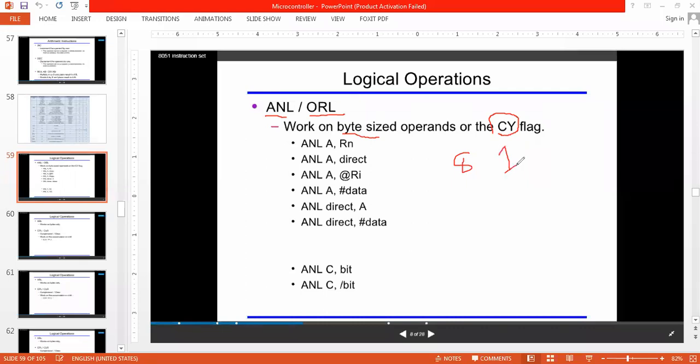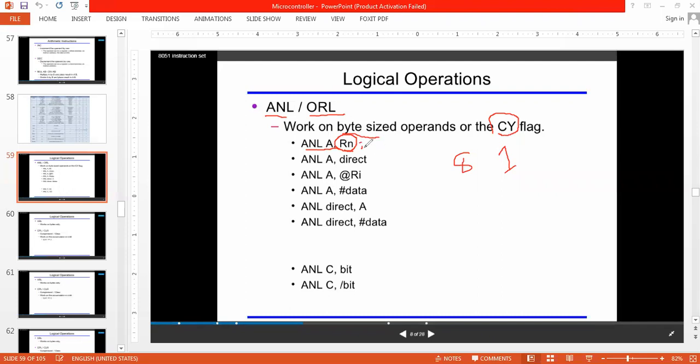Now let us see the syntax and an example. The first syntax is ANL A comma Rn. Here Rn is going to be any register from R0 to R7.